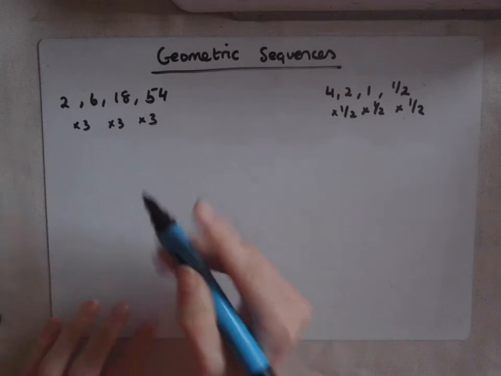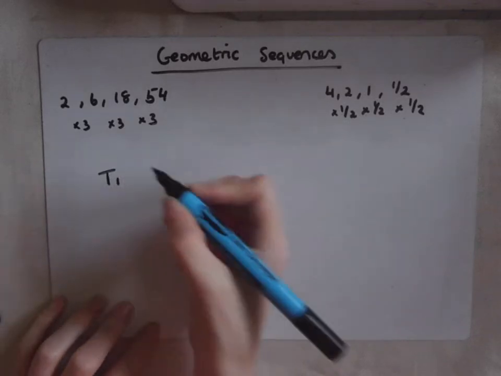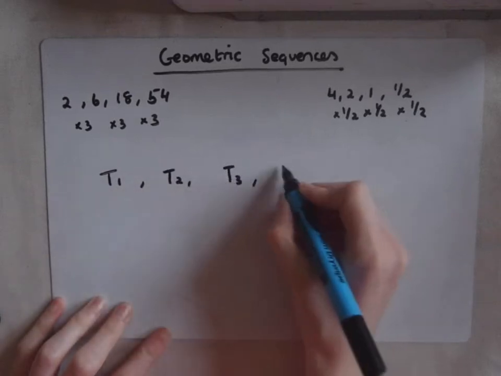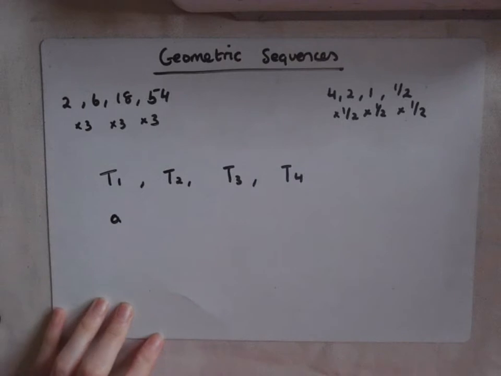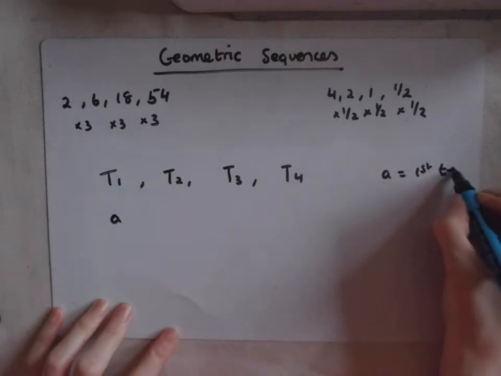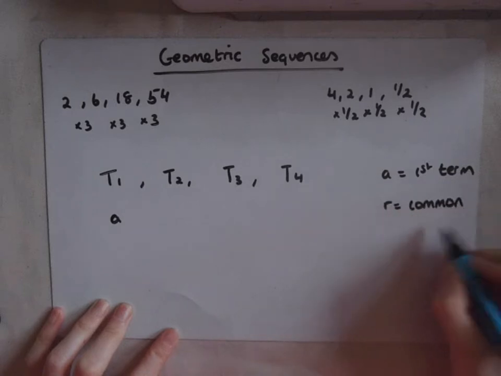Okay, so for example, if this is my geometric sequence, you have a, the first term, and then you have r, which is your common ratio. What are you multiplying by?